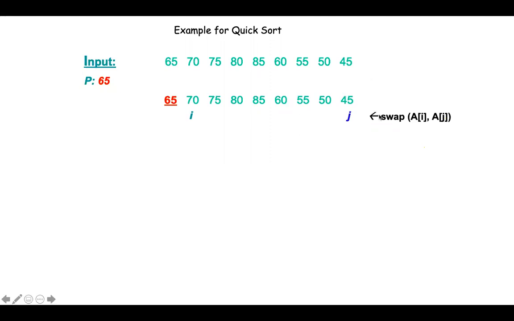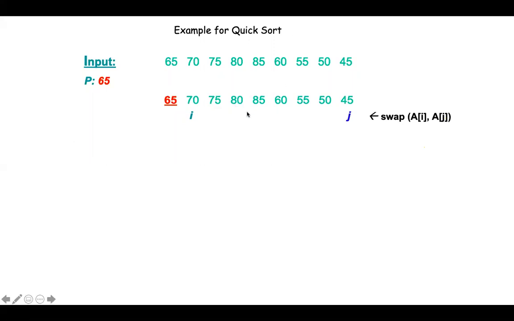What will the partition algorithm do? It will partition this array based on the pivot element. After the first pass, the pivot element will go and sit in its respective place. That is, it will divide the array into 2 parts.